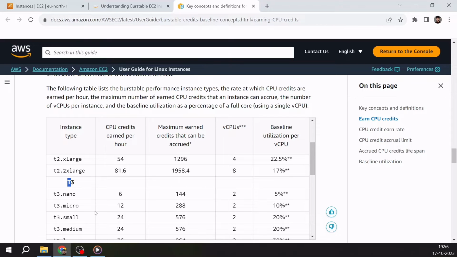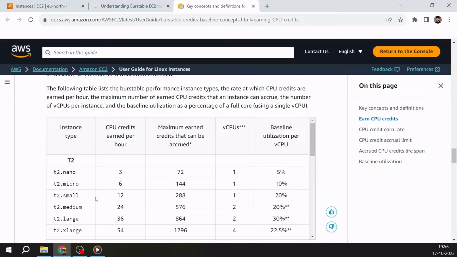Now let me take an example of T2 micro. Here you will get one vCPU, and the baseline utilization per vCPU is 10%. So what does it mean? It means that if you create an instance of T2 micro, then you will get one vCPU, and with that one vCPU you can run that EC2 instance with 10% CPU utilization.